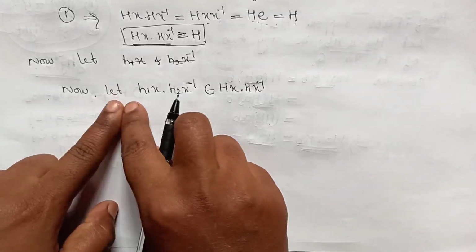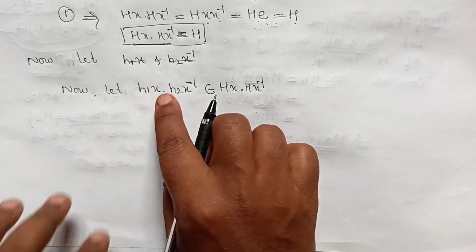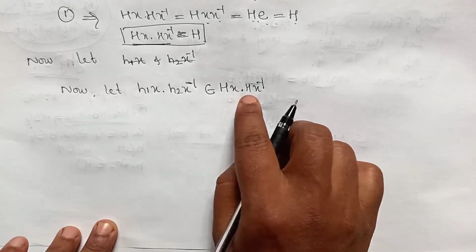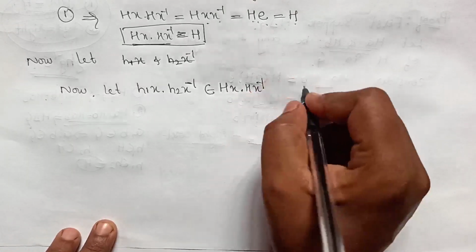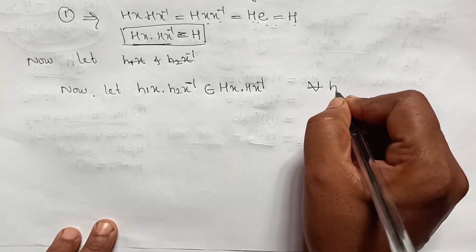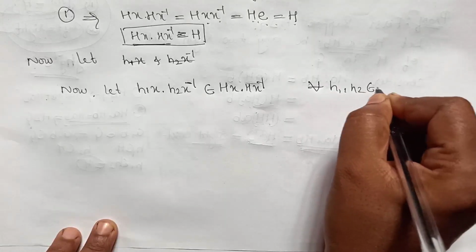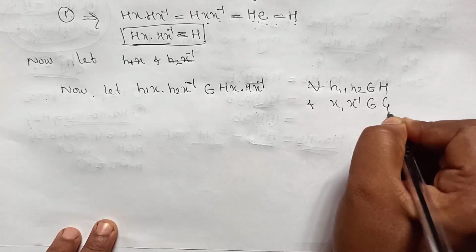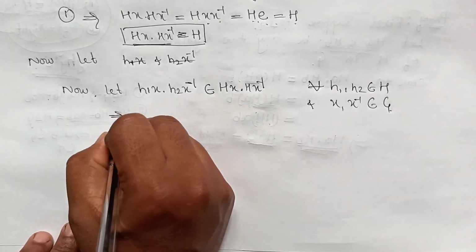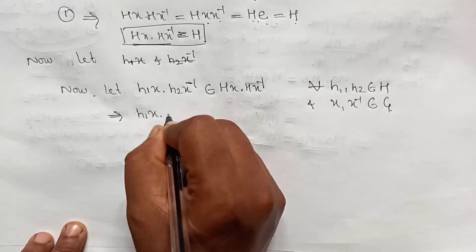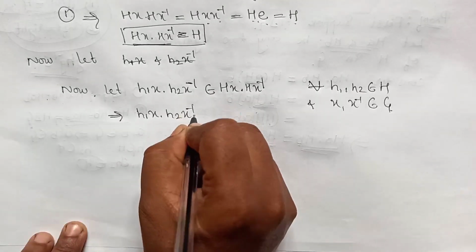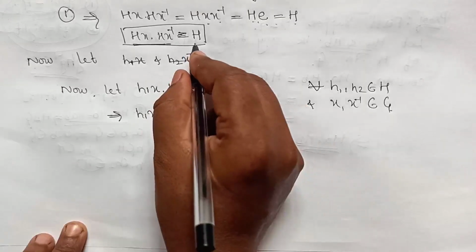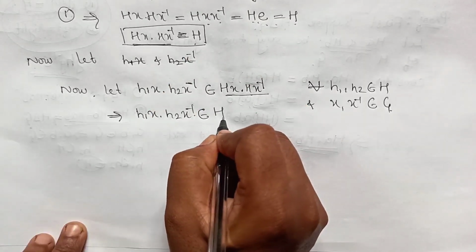So we are considering an element H1x dot H2x inverse belonging to the set Hx and Hx inverse, for all H1, H2 belonging to H and x, x inverse belonging to G. So H1x H2x inverse belongs to this set, which equals H, therefore I will write here H.